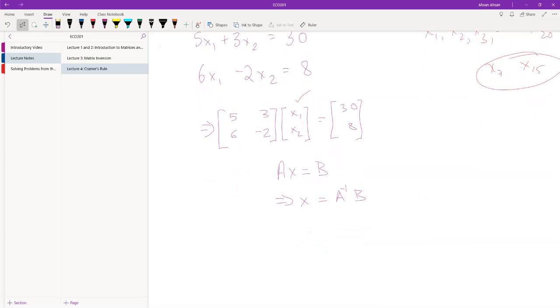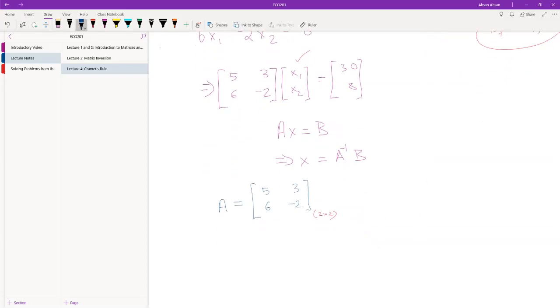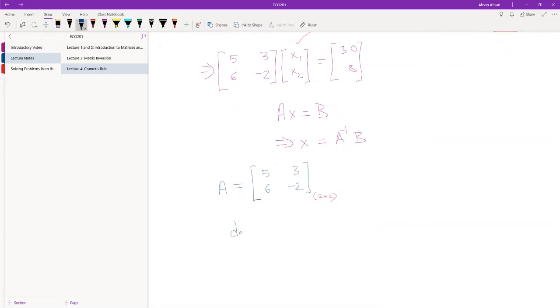So the first step is the same: make sure that the matrix is square. So we have matrix A, which is 5, 3, 6, minus 2. Is this square? It is square. And the second step is to make sure that this is a non-singular matrix. So the determinant of A is equal to 5 times minus 2 minus 3 times 6.